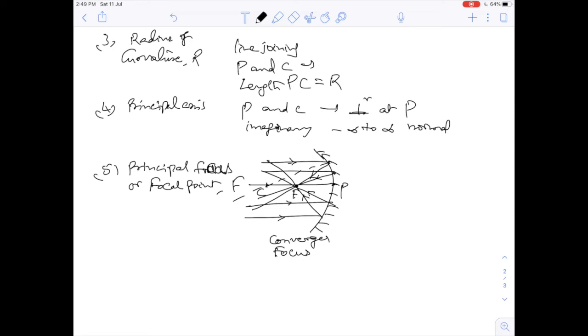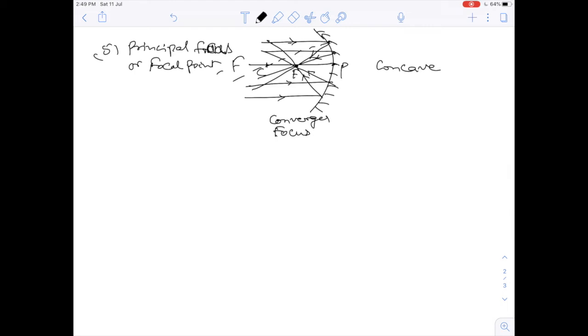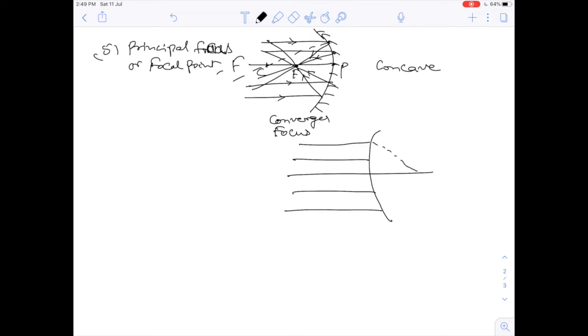And in the case of a convex mirror, the light appears to diverge. That means it reflects like this.